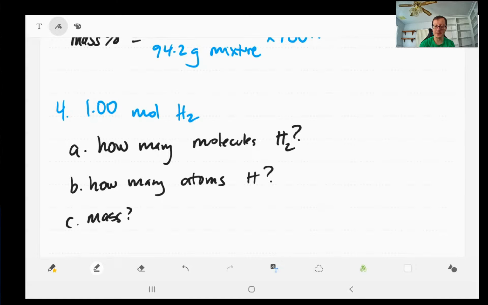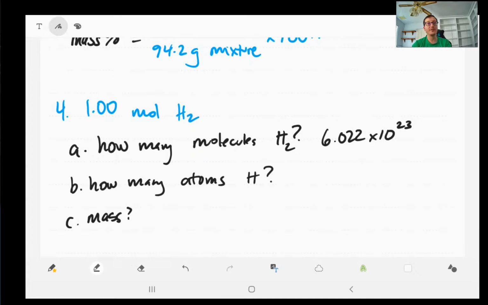An easy one, perhaps. We should get Avogadro's number for the first one, right? Because a molecule is where you have multiple atoms put together. An atom is an individual atom. Very circular definition there, but suffice to say, molecules are compounds. Atoms are individual elements, right? A mole can be molecules or atoms or whatever.